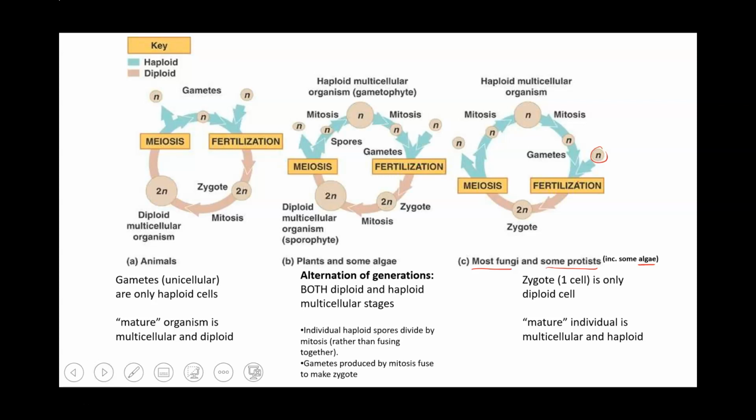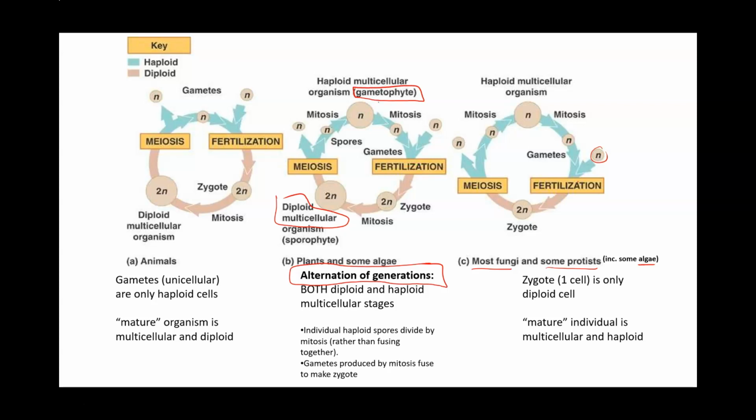There's also something called alternation of generations, right? And this is present in all plants and some algae. And in this life cycle, there is both a haploid multicellular phase and a diploid multicellular phase. Sometimes these are actually referred to as the haploid and diploid generations. Now, the haploid multicellular portion of the organism's life cycle is referred to as the gametophyte.